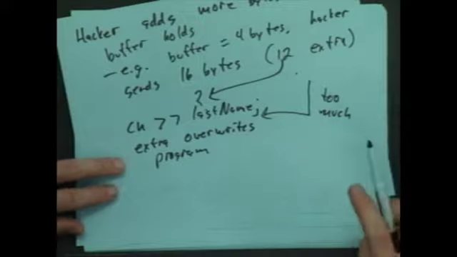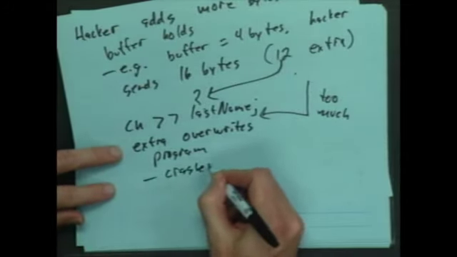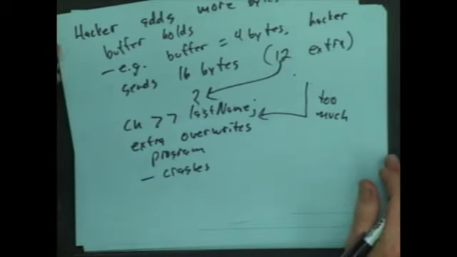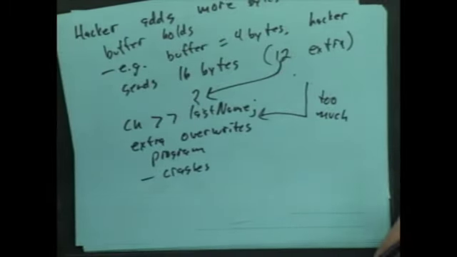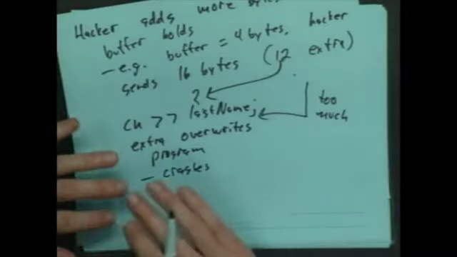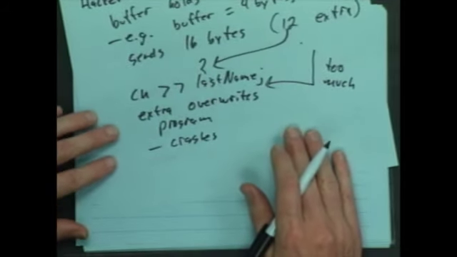Okay? What normally happens is it crashes. It'll just go crash, unexpected, whatever, boom. The program crashes. It's protected memory and all that stuff, and everything's fine. Now, here's the thing.